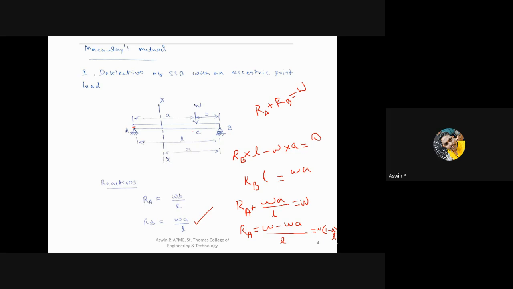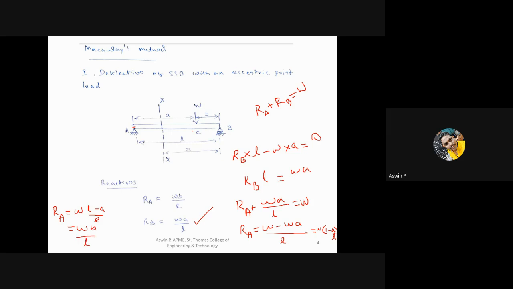W into 1 minus a by L, or I am writing here RA equal to W into L minus a divided by L. And when you look at the figure itself, you can see that L minus a is equal to b, right? So RA will become W into b divided by L.